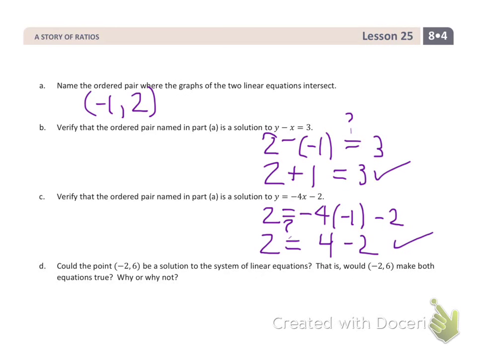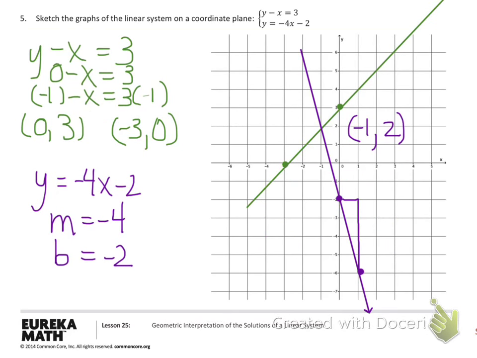Could -2, 6 be a solution to the system of linear equations? Would it make the equations true? -2, 6. So let's look at -2, 1, 2, 3, 4, 5, 6.